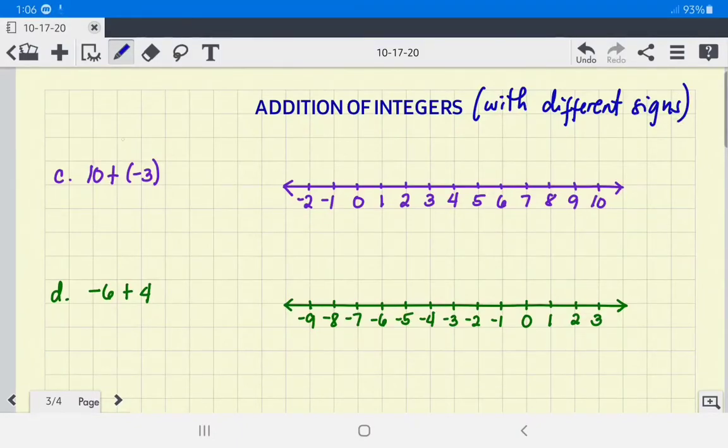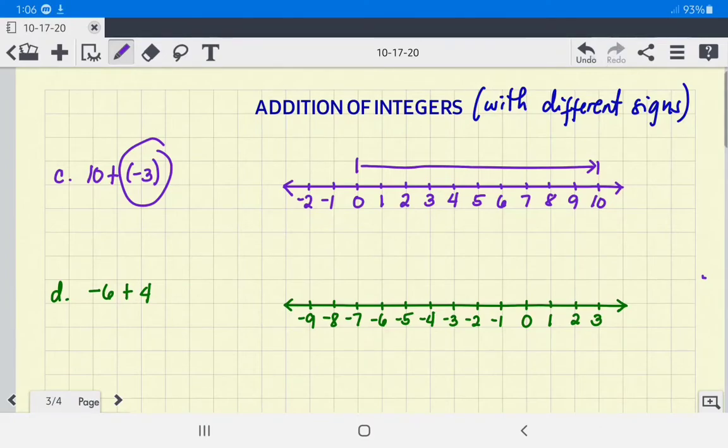Okay, so let's say for example, we have positive 10 and then negative 3. Again, using the number line, we will start at 0, and then we're going to move 10 units to the right. Okay, so this is 10 units, and then next we have negative 3.